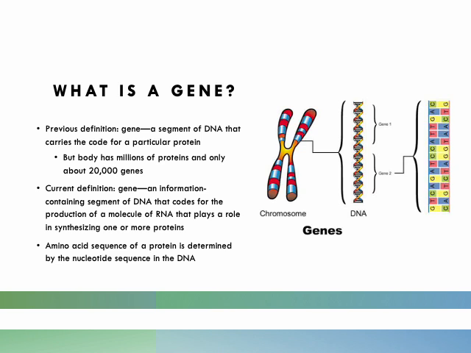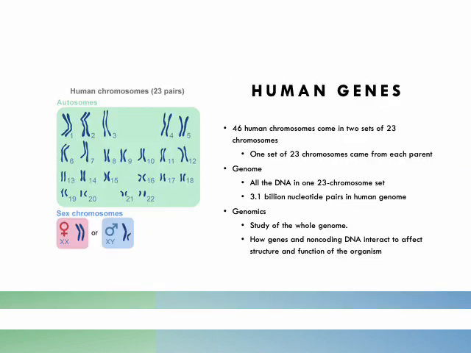DNA writes the code for which proteins are to be made. And again, in humans, we have 46 chromosomes, 23 pairs. The genome is all of our chromosomes, all the DNA in one body. And genomics is the study of the whole genome, the study of chromosomes and human genes and how they interact to affect organisms.